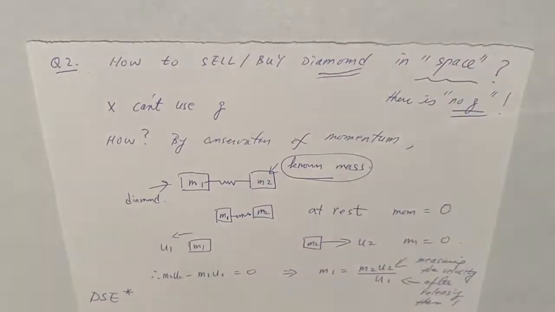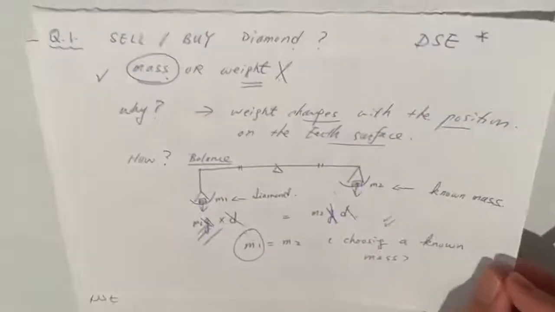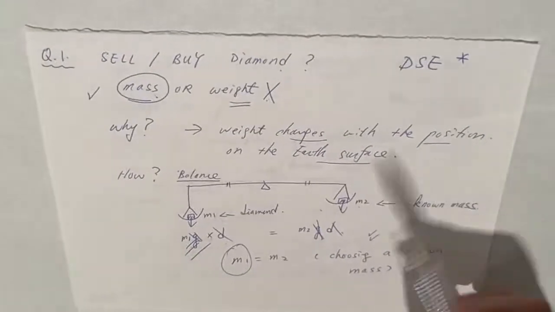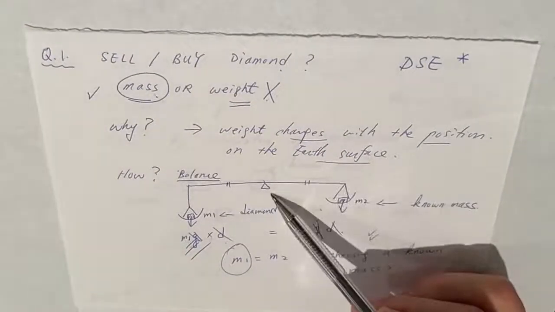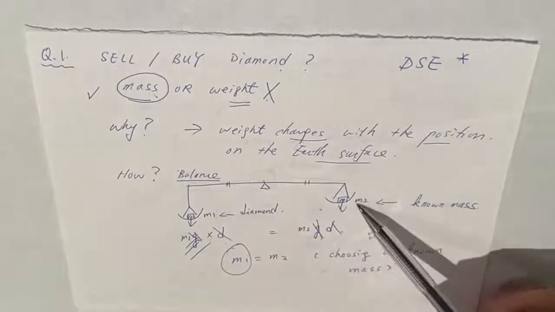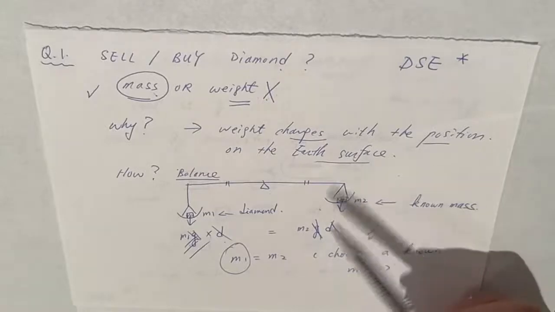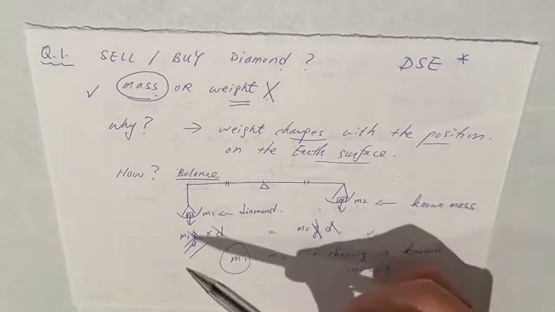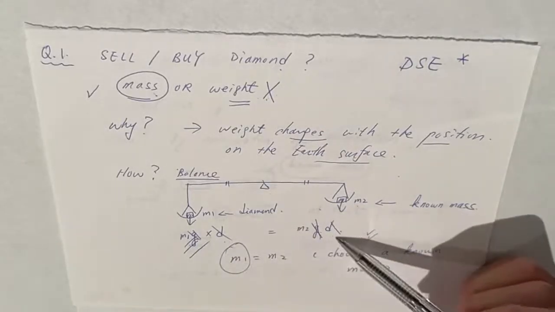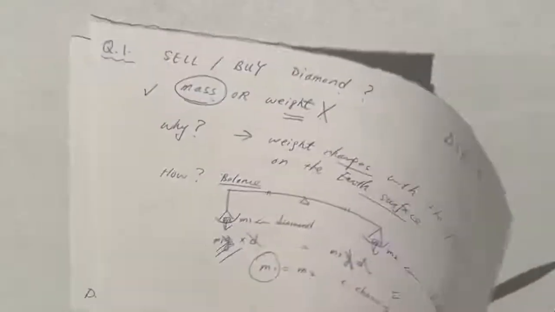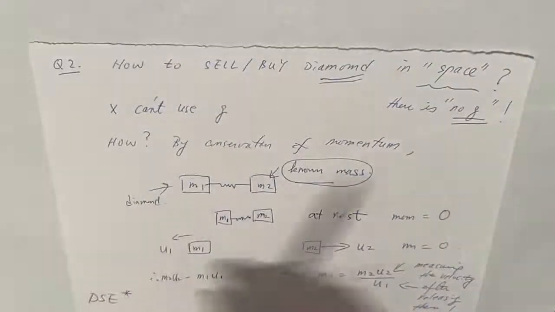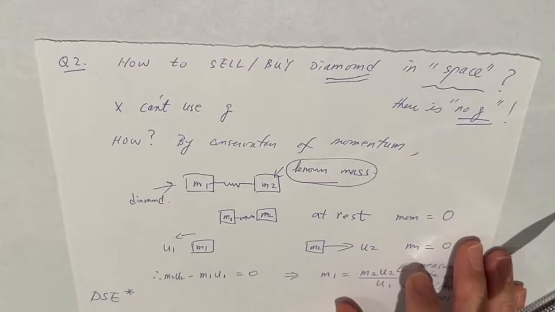If you are at a position where there is gravity, then you can use the beam balance. By balancing the right and left hand side, you can find the mass of the diamond by cancelling out the gravity on the left and the right hand side. But if there's no gravity, how can you find the mass of the diamond?